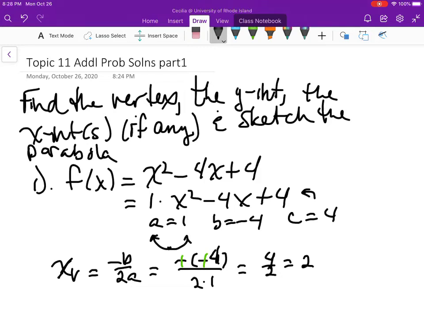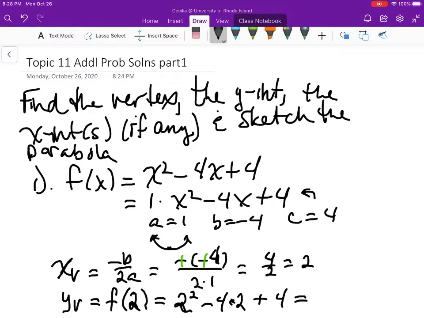So what's the y-coordinate of this vertex? It's going to be the function evaluated at 2. That's the height, right? The function always gives us the height. So this is 2 squared minus 4 times 2 plus 4.